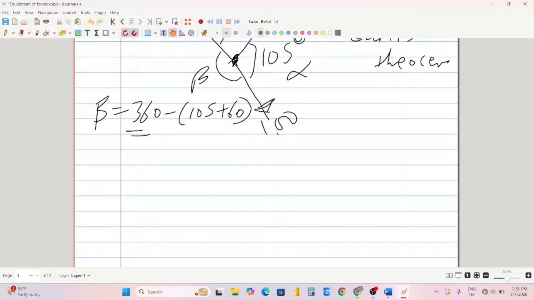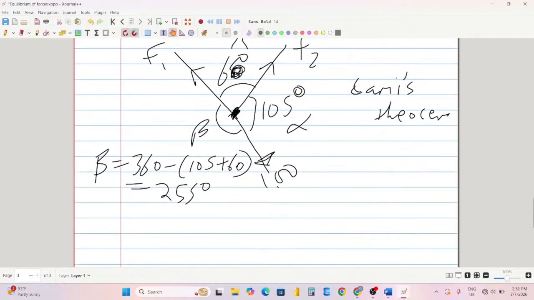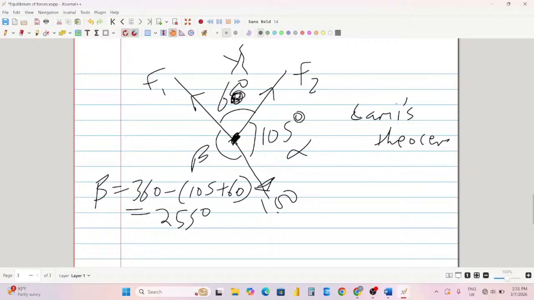It'll be 360 minus 105, so your beta would be 255. The idea behind finding the beta like this is that the angle at a point is 360. You know this part, but you don't know the third part, and it's at a point.